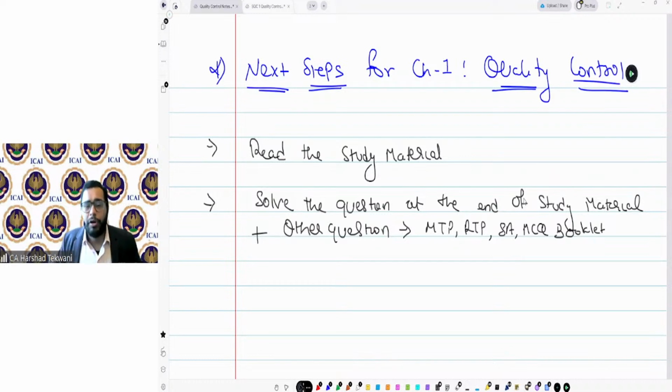So try to solve other questions along with the questions at the end of study material. Then third, if you want, you can mark important topics within the chapter.